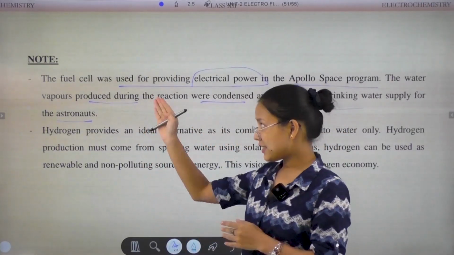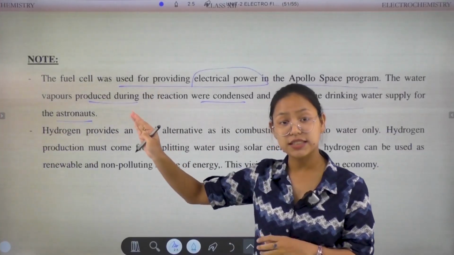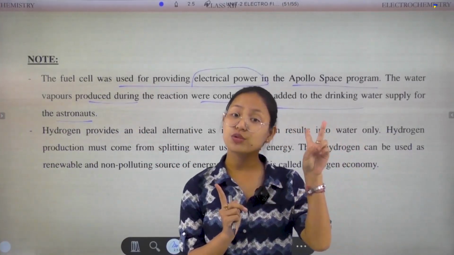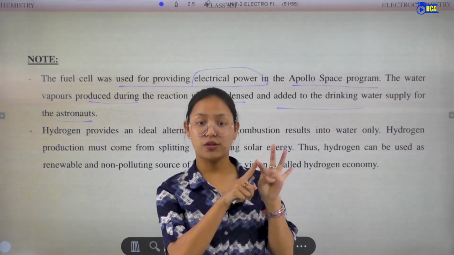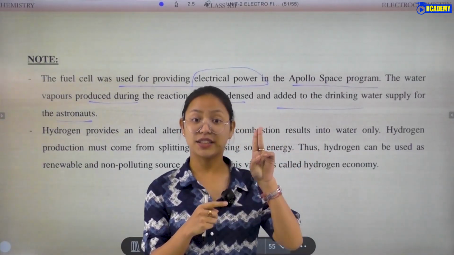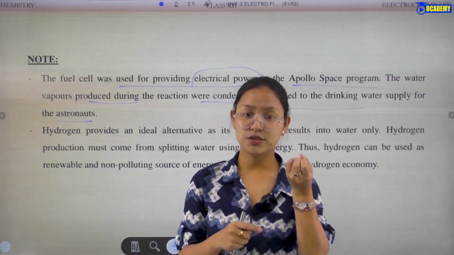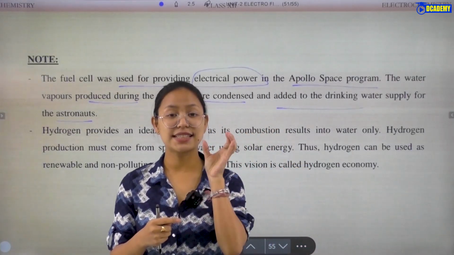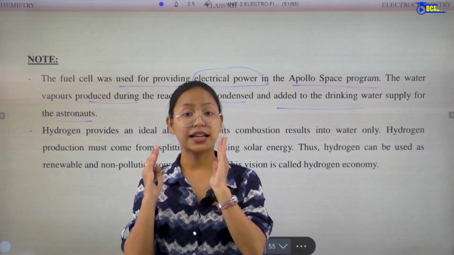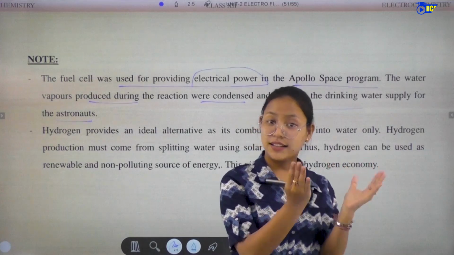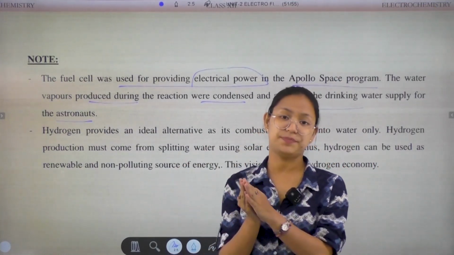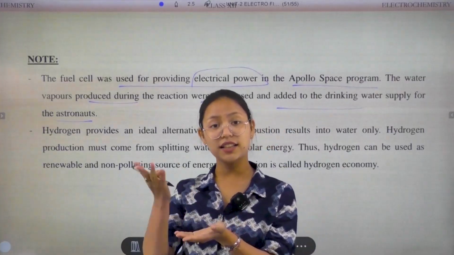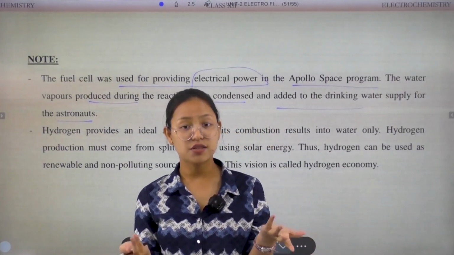In the fuel cell they use two main gases, hydrogen and oxygen, combine them together, and synthesize water by condensing gaseous water vapor into liquid water. We have already studied this water cycle.